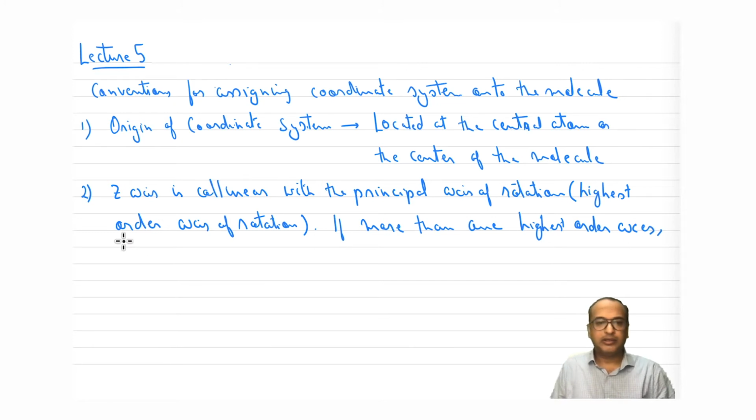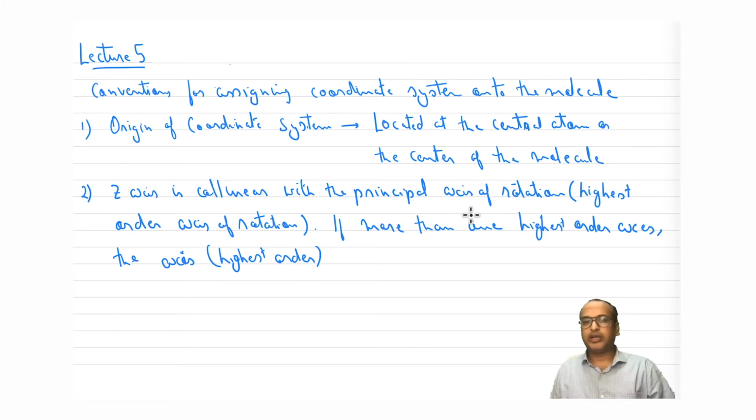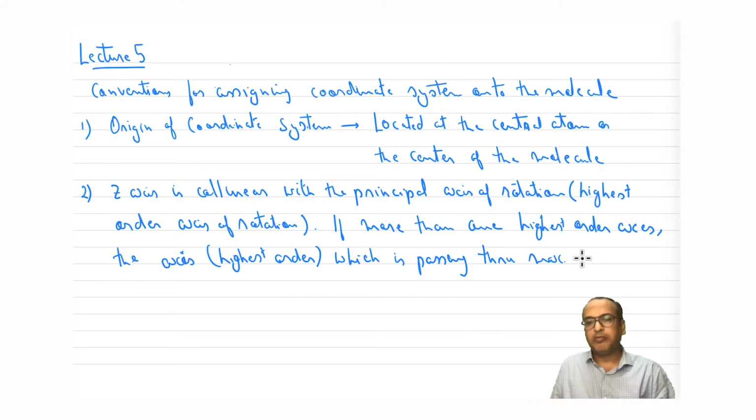In that case, if more than one highest order axis is present, the axis which is passing through the maximum number of atoms is called the principal axis.